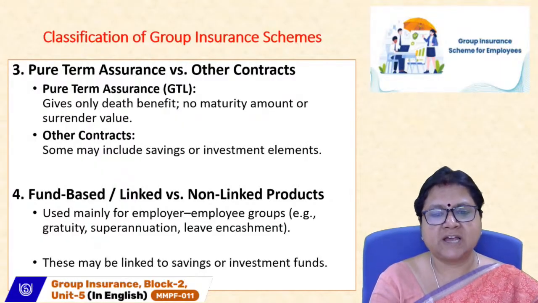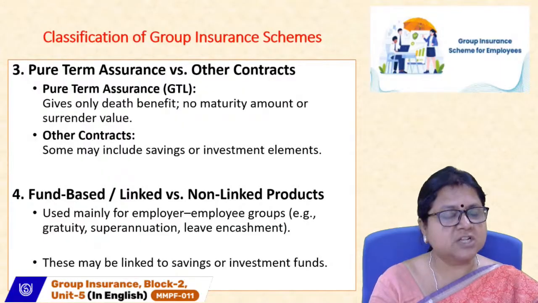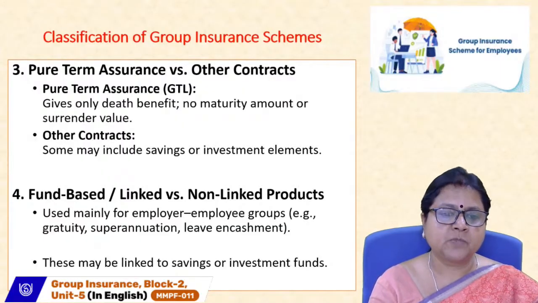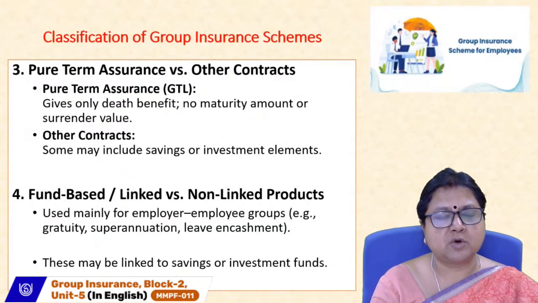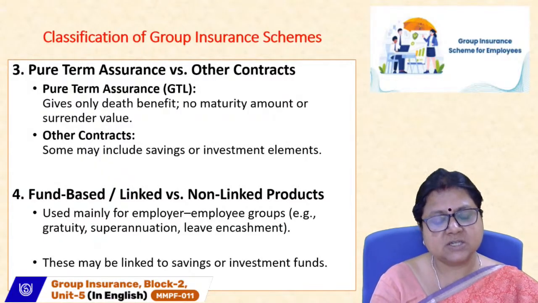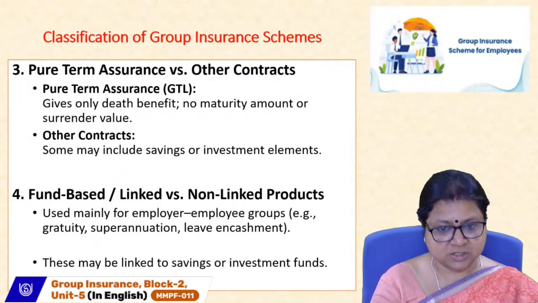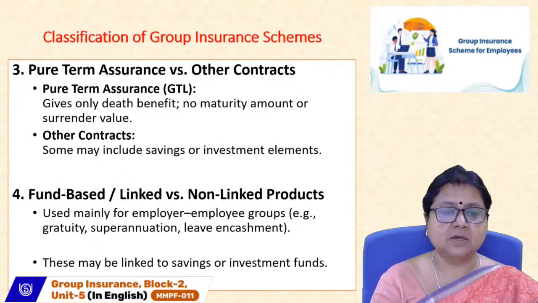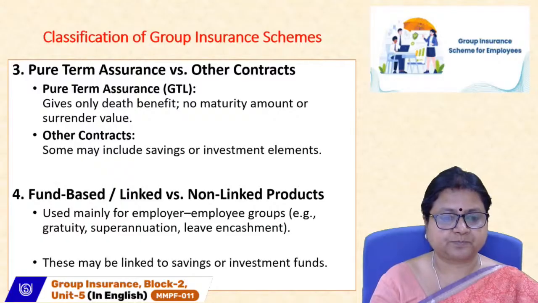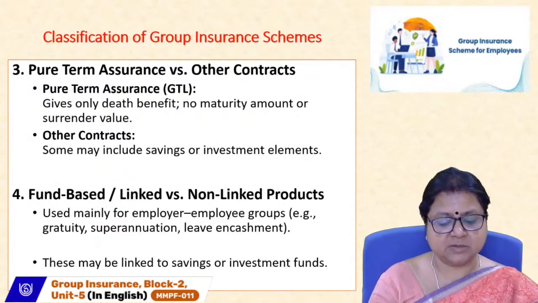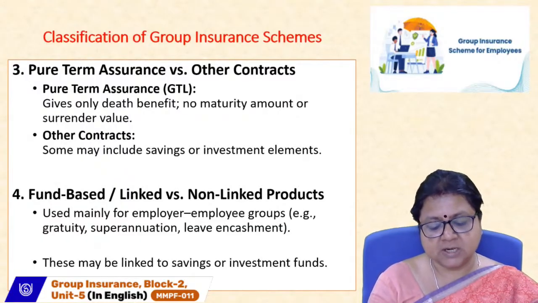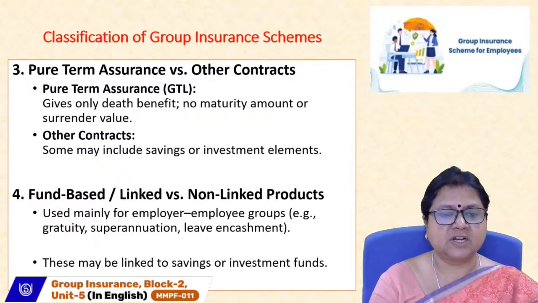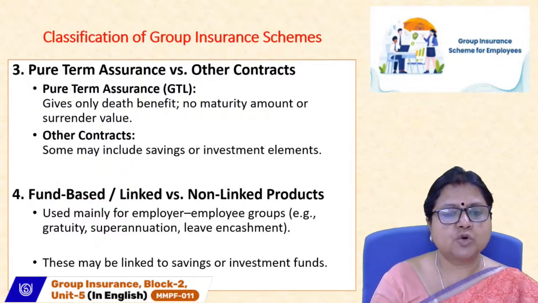Suppose they have a policy to pay gratuity or a superannuation amount, or leave encashments to the employees. This type of insurance product can be used as savings, so that when a person moves out of the organization after, say, 10 years, he is liable to get his gratuity.